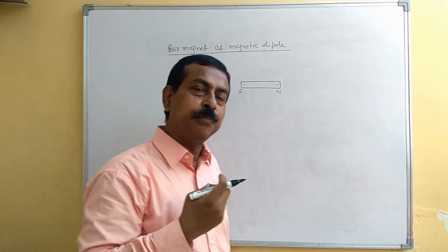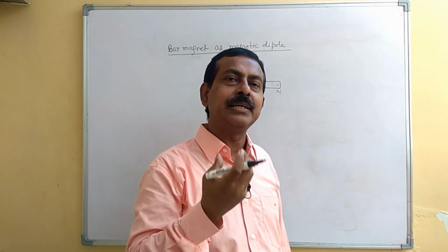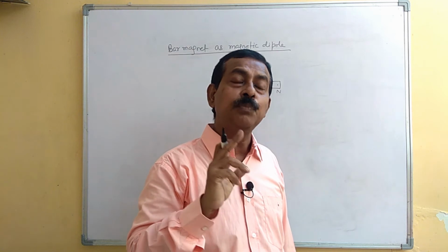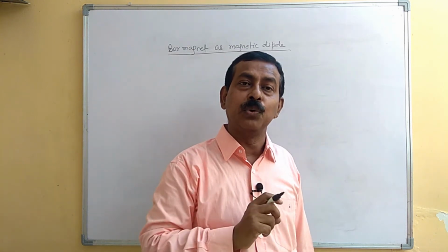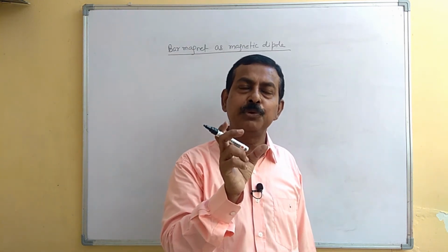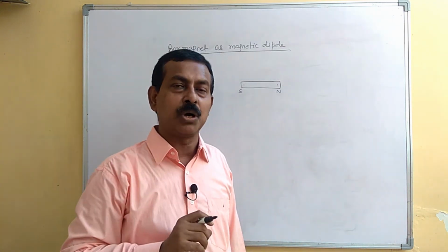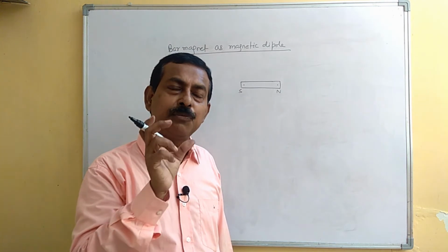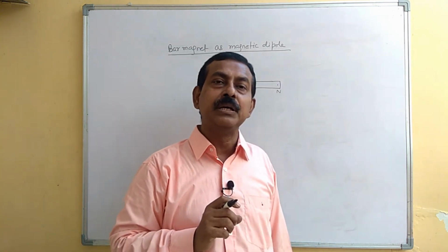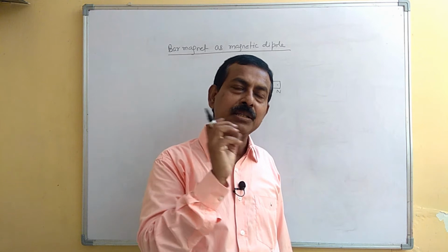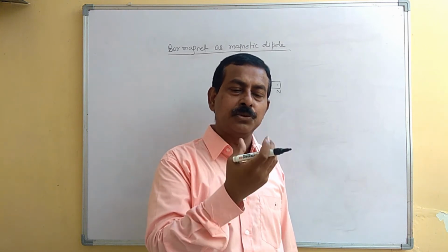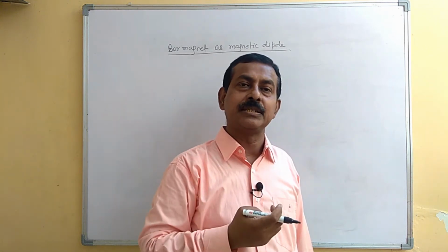We can assume as if there are magnetic charges, similar to an electric dipole. Like in an electric dipole, you have negative and positive charges separated by a small distance. Earlier, for the magnet also, it was believed that the magnetic property is due to magnetic charges.